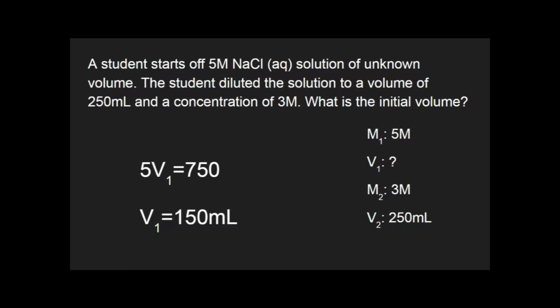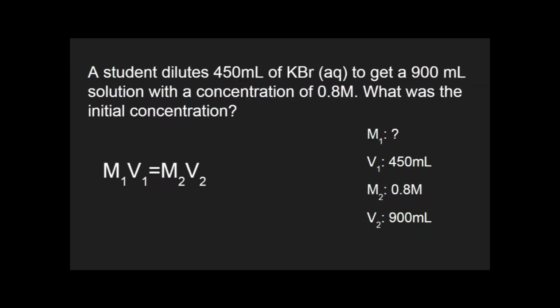Now that we've worked through calculating volume, we're going to start using this equation to find unknown concentrations. First, let's try to find the initial molarity of a solution. A student dilutes 450 milliliters of KBr aqueous to get a 900 milliliter solution with a concentration of 0.8 molar.